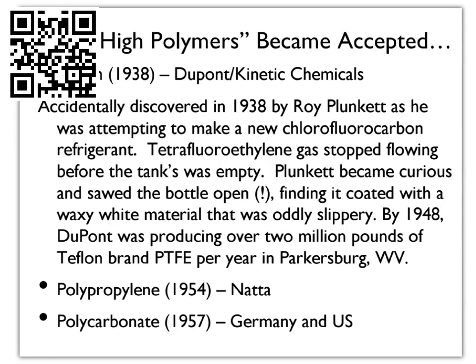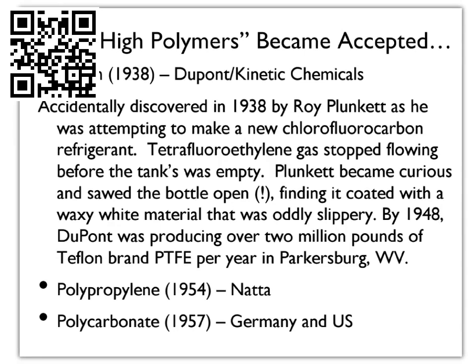By 1948, they were producing over 2 million pounds of this stuff in Parkersburg, West Virginia. Who knows about C8, GenX, PFOA, the environmental pollution that is left behind in the area? You guys heard about this? Pretty nasty stuff. So C8 was used in making Teflon back then, and C8 is now in all the wells, all the rivers.